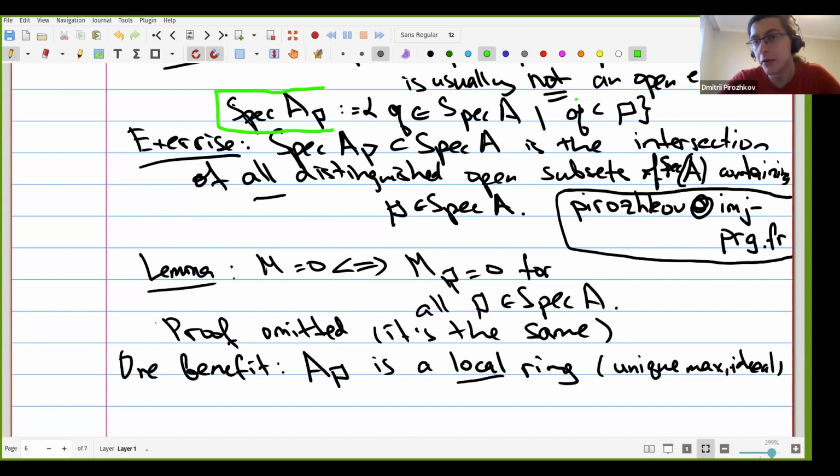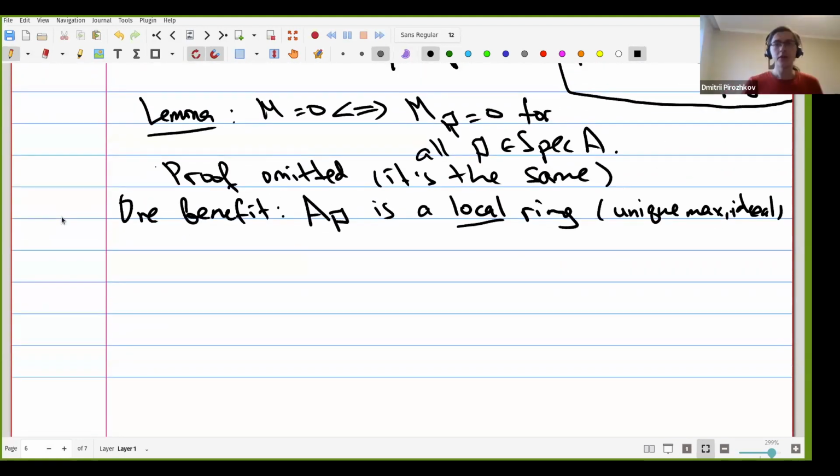Since it's a set of prime ideals of A which are contained in P, then clearly the maximal possible ideal like this is just P. So if you are doing some algebraic questions that are easier to study for local rings, you can use a similar approach to reduce many questions to just properties of local rings and what happens for modules over them.